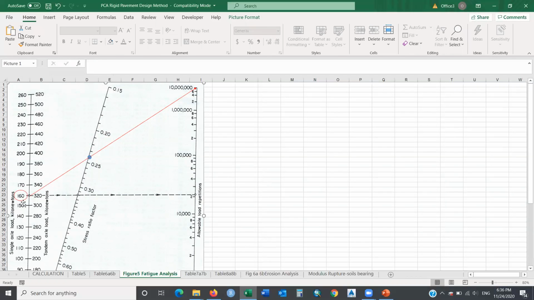So I move now to 150. The right-hand side is tandem, okay? The left-hand side is single. I need to cross through the pivot.